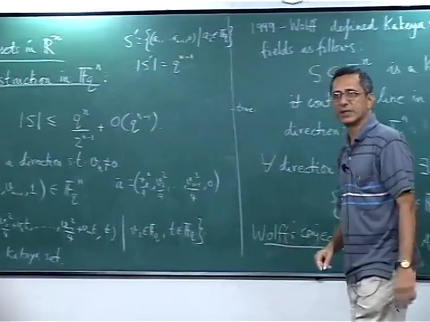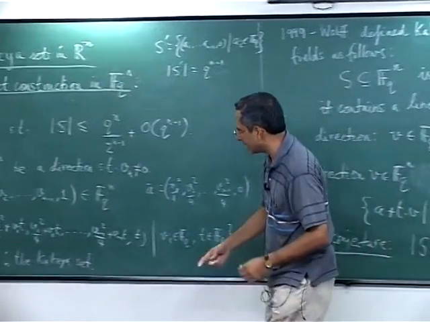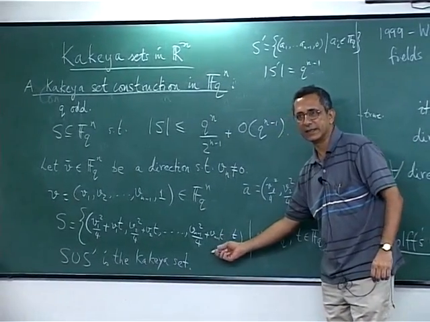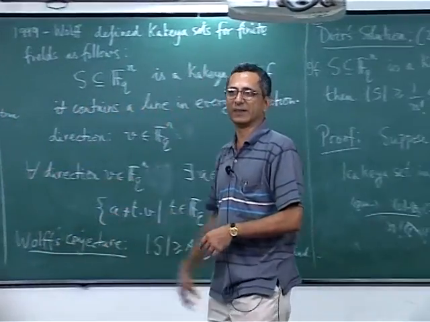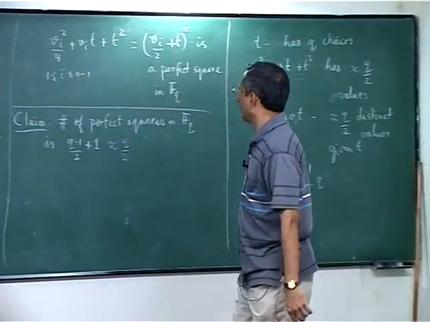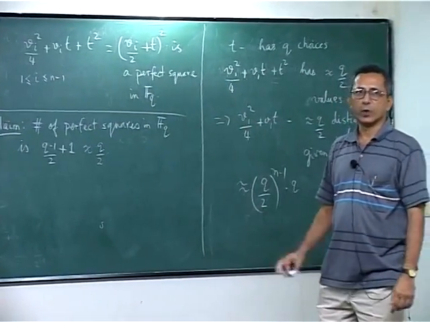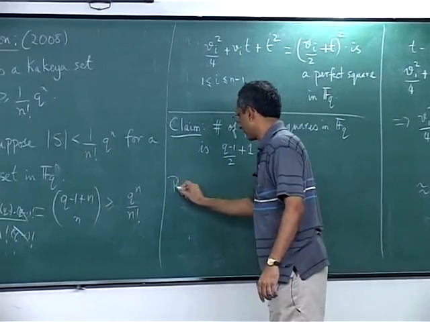Take A bar to be this, then you can see that A bar plus T times V is exactly these guys. So it contains a line in every direction. That part is easy to see. So what remains is to see this claim.